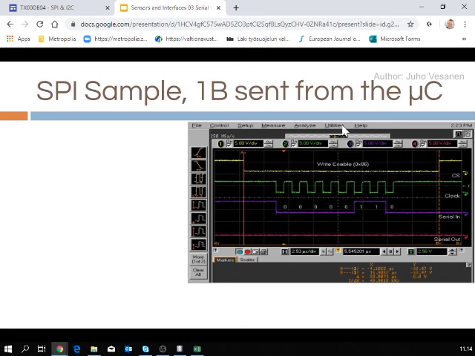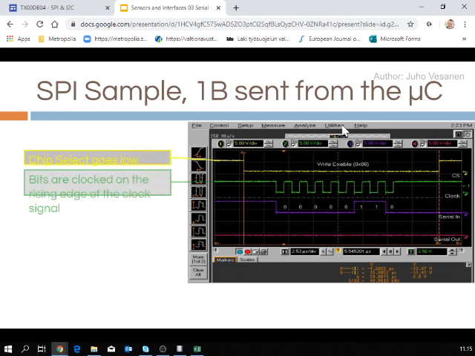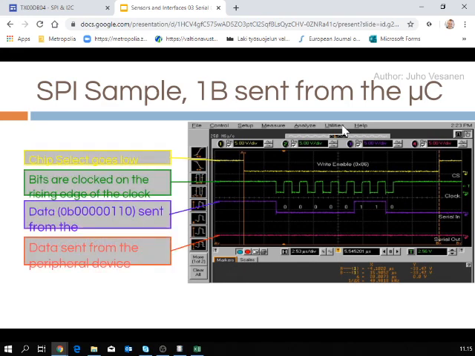Another thing which is not defined is which order the bits are going. You always need to check it from the device. Most of them actually go most significant bit first, I think, but check it from the data sheet.